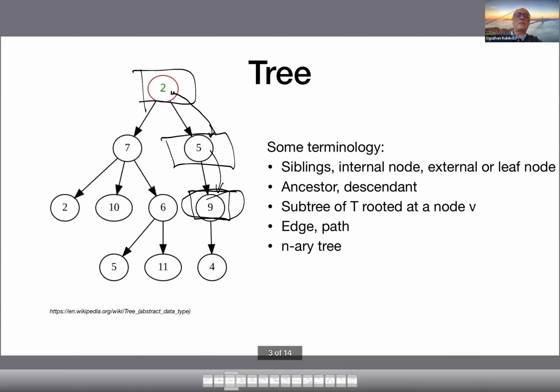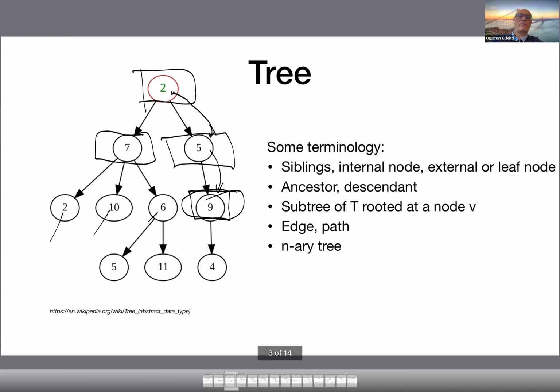Similarly, who are the descendants? They are all the nodes just below this node who have this node as their ancestor. So let's say for 7, you can go to 2, you can go to 9, you can go to 6.